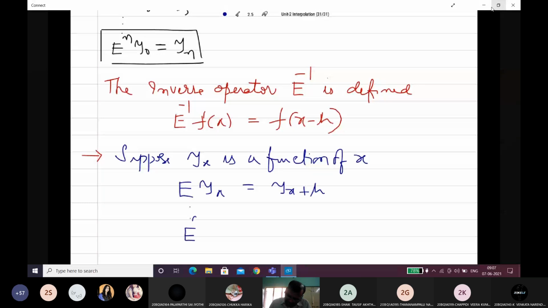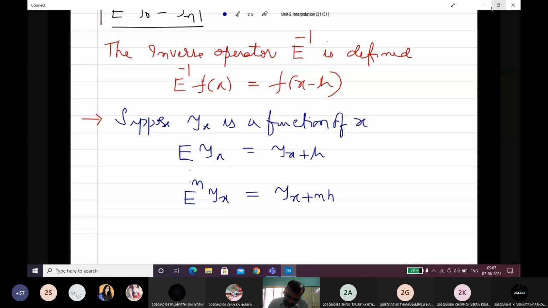E power n of yx is equal to yx plus nh. For the inverse operator, E inverse of yx, anyone?